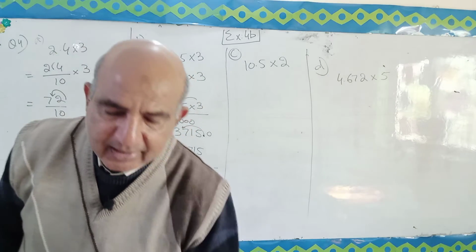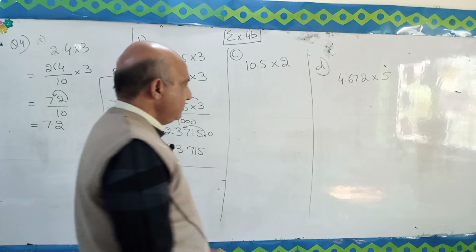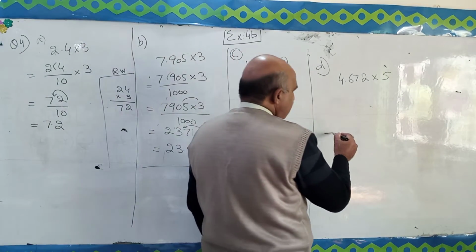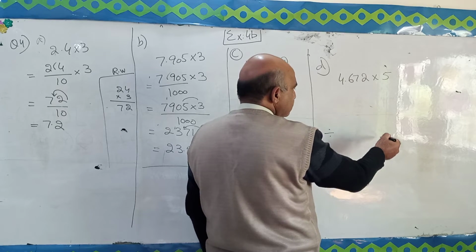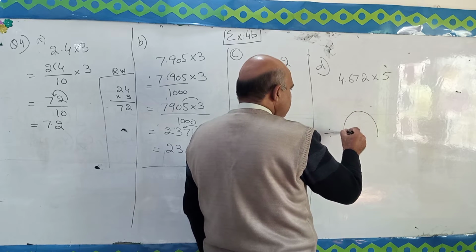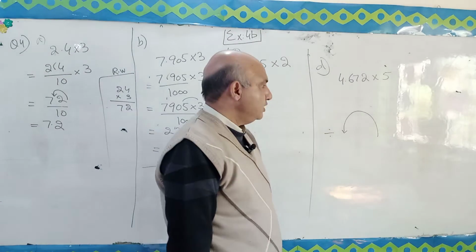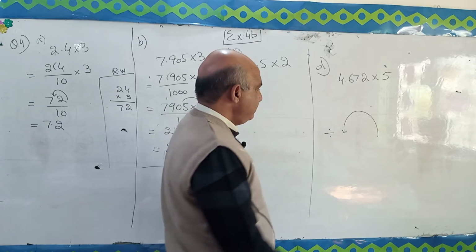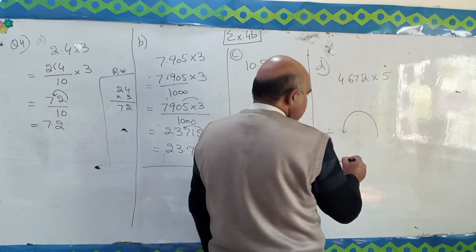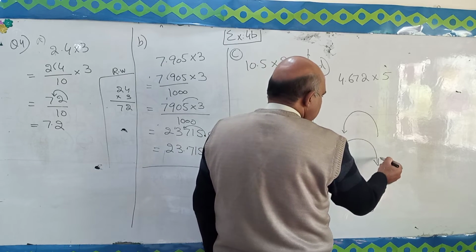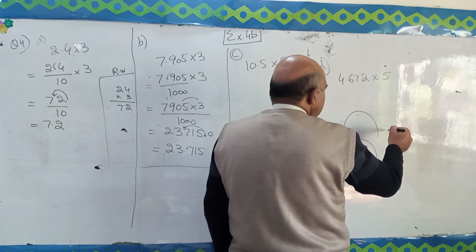Please remember that when we divide, the decimal point will move from right to left, and when we multiply, the decimal moves from left to right, right?